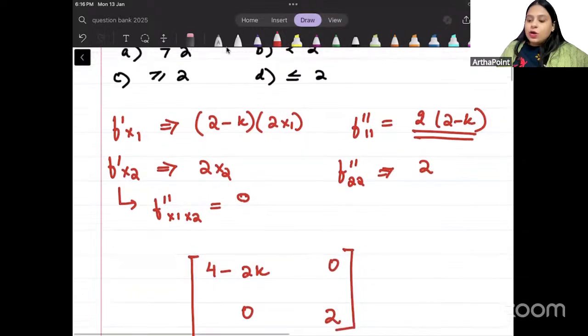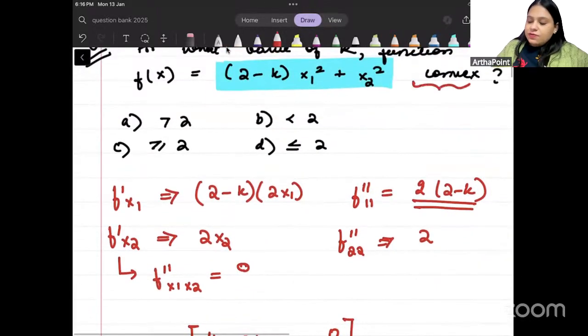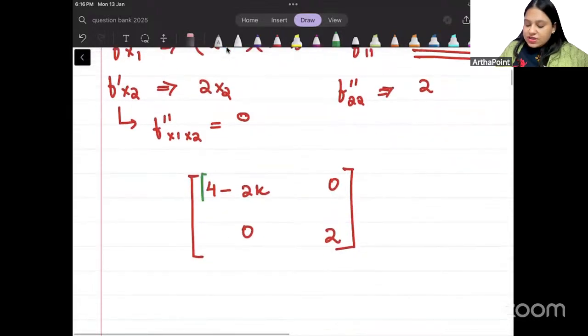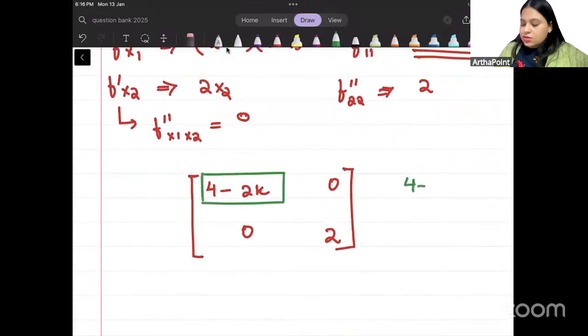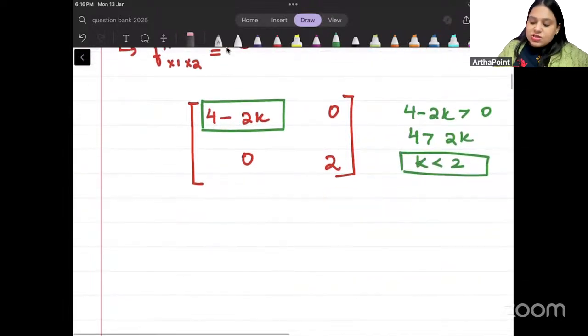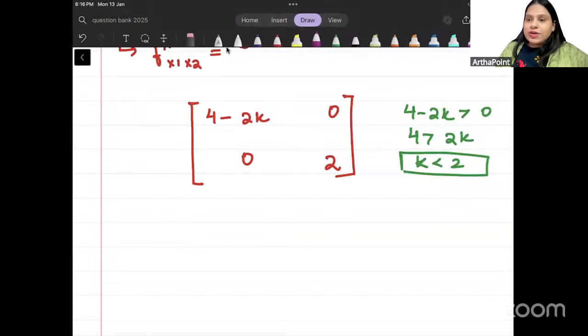For convexity, we need positive definite, right? So we need that this should be greater than 0. So 4 should be greater than 2k. So k should be less than 2. We also need that the second principal minor should be greater than 0.